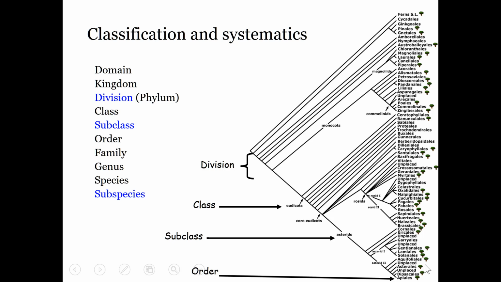So we could take one place right here, Lamiales. We've got the mints. That order is going to be related to Solanales, which include the tomatoes. So they've got a lot of similarities. Rosales and Fabales will have some similarities because of identity by descent.